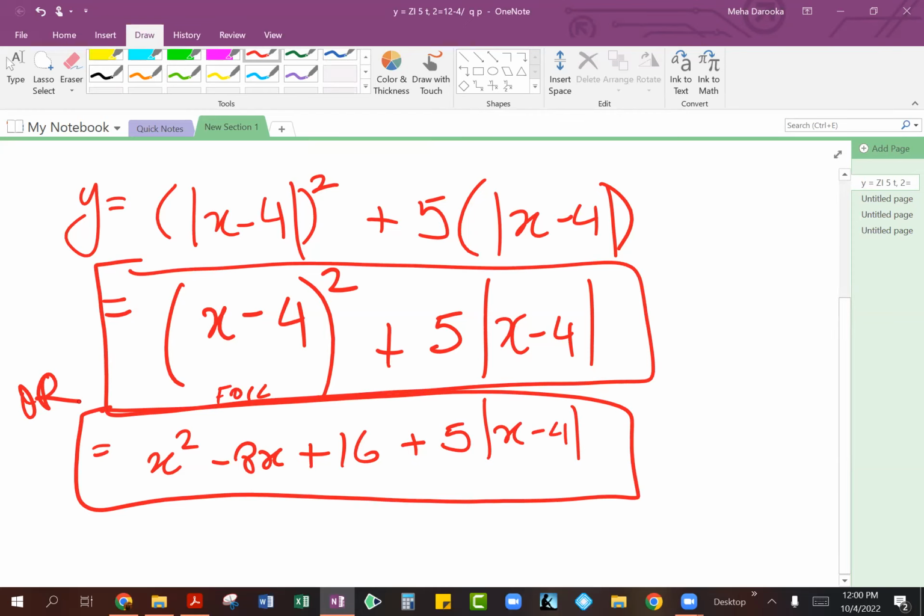Question on this, guys? Absolute value, of course, works a little bit differently, just because we know it's a symbol that gives you both positive and negative distances, depending on which direction you're going in.